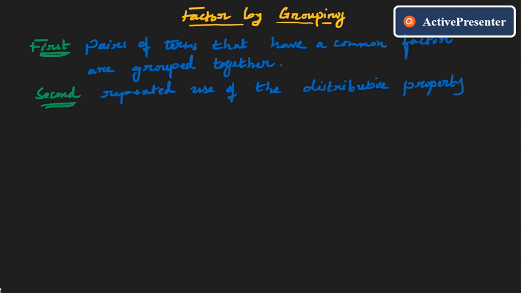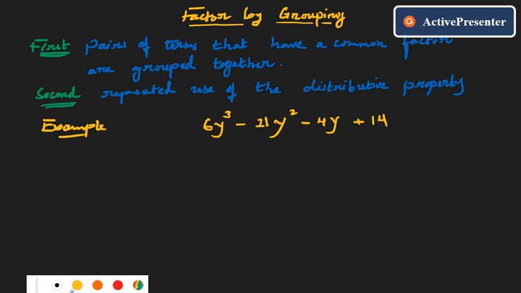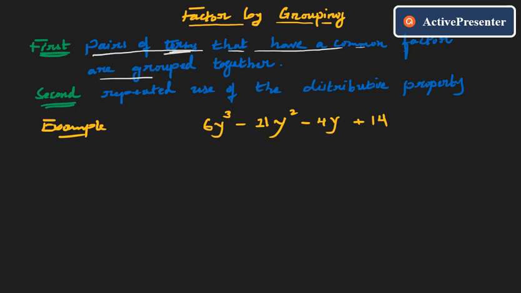Let's take an example. Six y cubed minus 21y squared minus 4y plus 14. How to factor this? We said pairs of terms that have a common factor are grouped together.